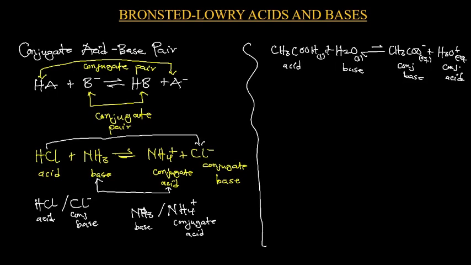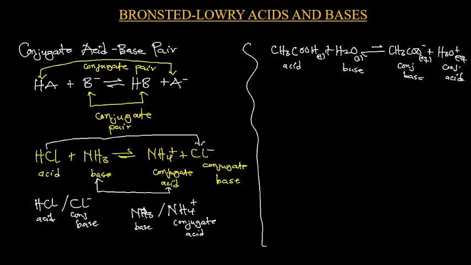Now there are a few things we can observe from this reaction. Acetic acid is less than 1% ionized in water. That means it's a very weak acid. The equilibrium is displaced mostly towards the left, which is why the arrow here is shorter than this one.